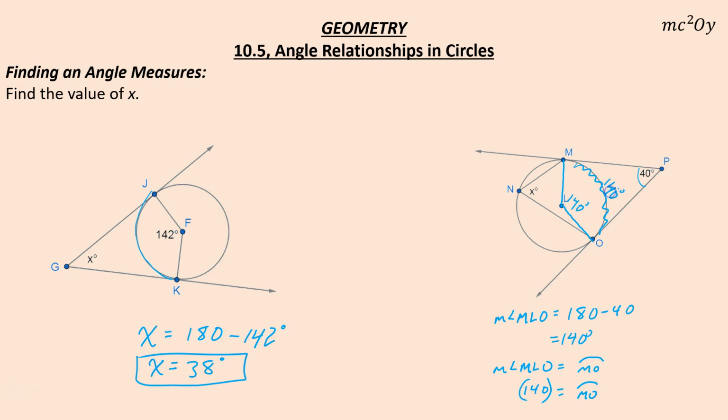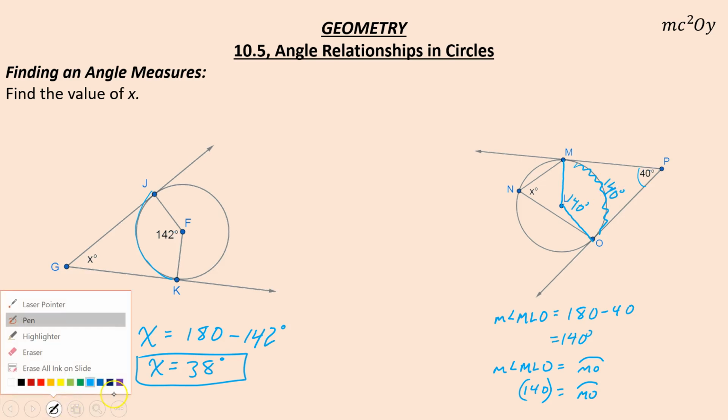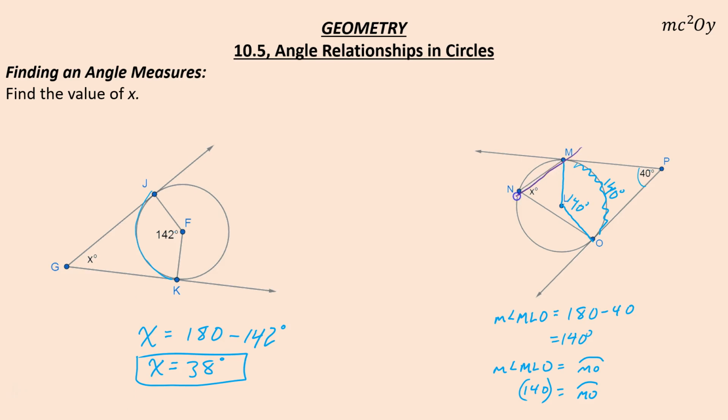And how is that helpful? Let me trace out this angle right here. Notice this is an inscribed angle, and that inscribed angle is intercepting our arc MO. So angle N, if you remember the inscribed angle theorem, is equal to one half the measure of its intercepted arc, which in this case is one half of arc MO.